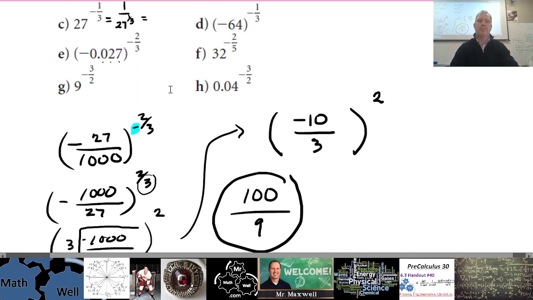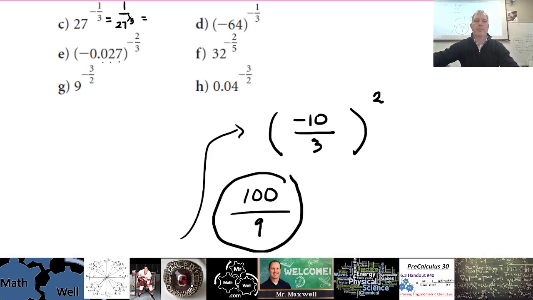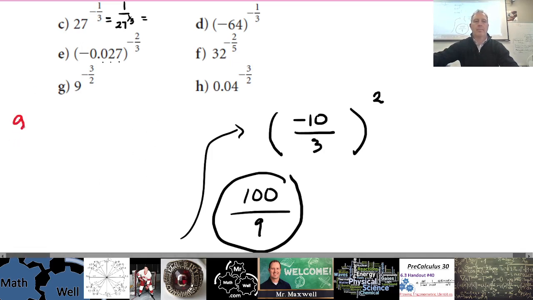Let's do G. Okay, let's do G. I'm going to erase some of this so I can do G here. So I'm going to get rid of this negative exponent by doing 1 over 9 to the positive 3 over 2. Remember, don't flip the exponent.